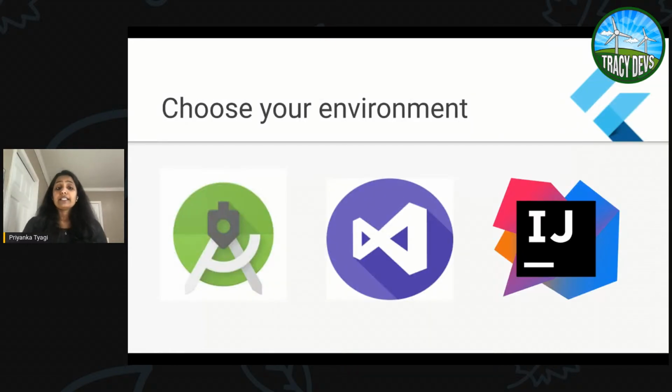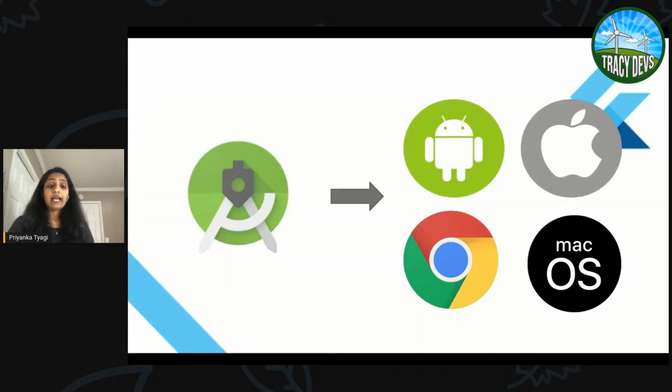Now, the second thing is choosing an environment. You can pick the IDE of your choice: Android Studio, Visual Studio, or IntelliJ. For this presentation, I will be using Android Studio, and we'll be doing a demo code later. I will show you how to create the project for Android, iOS, Chrome, and macOS for the desktop, because I have the Mac here.